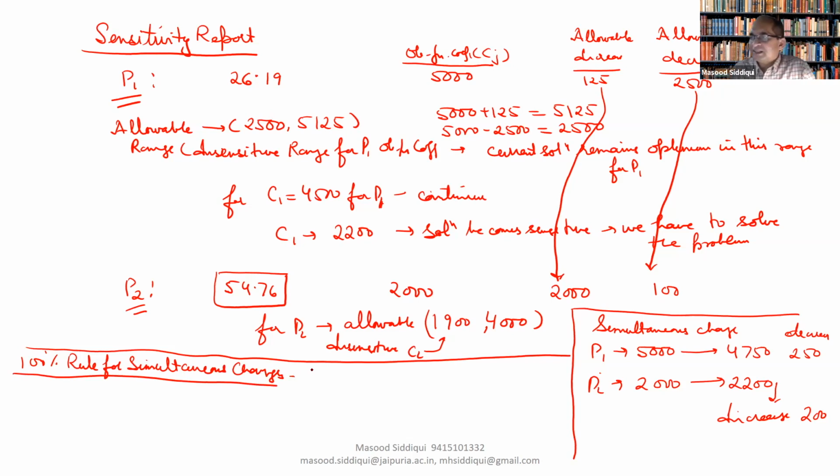This rule tells us that if the sum of percentage changes, whether they are increasing or decreasing, is less than or equal to 100%, then the current solution remains applicable.